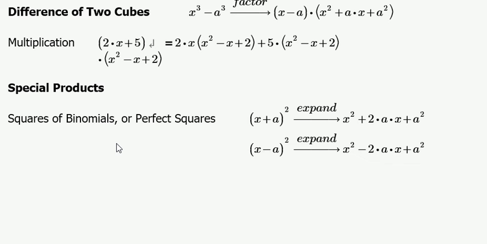Special product: squares of binomials are perfect squares. X plus a the whole square is equal to x squared plus 2 times ax plus a squared. X minus a the whole square is equal to x squared minus 2 times ax plus a squared.